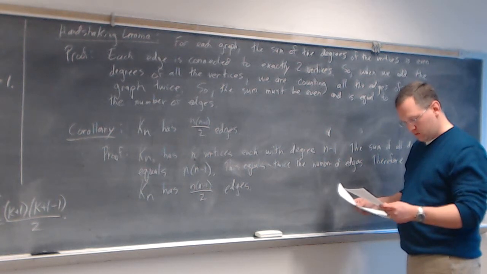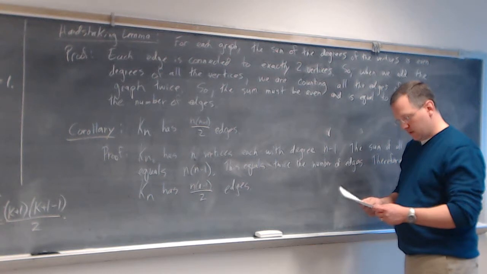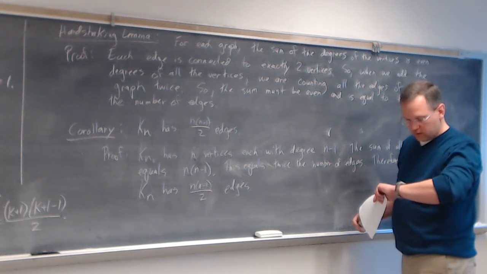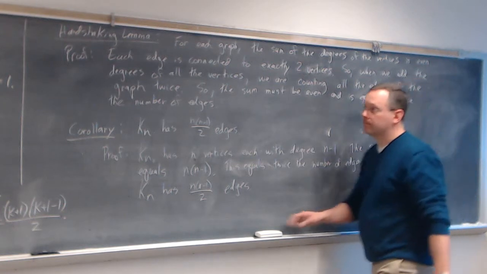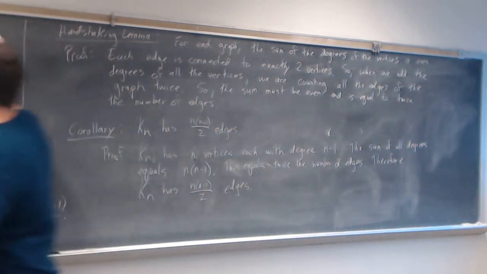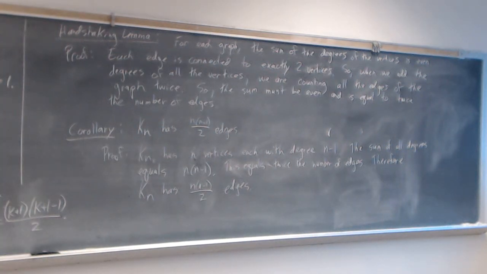I have one other proof I wanted to show you by contradiction. What do we use? We use induction, we use direct proof. Now, how about proof by contradiction? It's maybe good practice for the final exam when you might have to do such proof techniques.